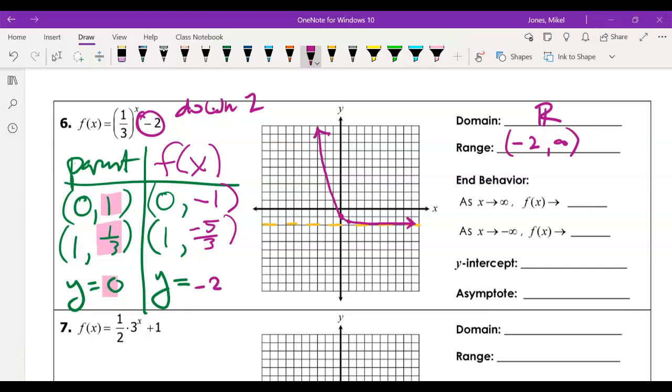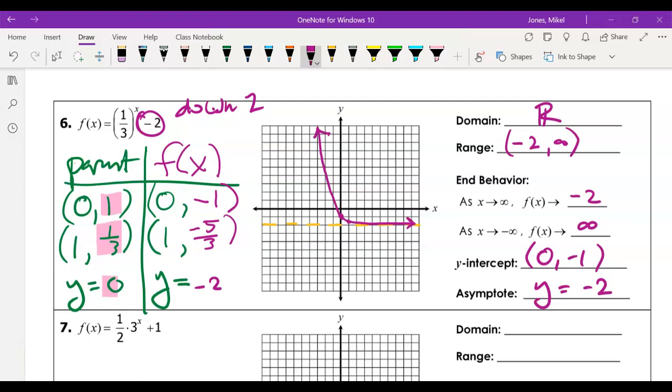Okay, so as x goes to infinity, as we move out to the right, the y values are approaching my horizontal asymptote, which is down at -2. And then as we go to the left, as x goes to -infinity, my graph is moving up. And so that's why those y values up there are approaching infinity. Okay, I already have my y-intercept. It's at 0, -1. And then my asymptote was y equals -2.